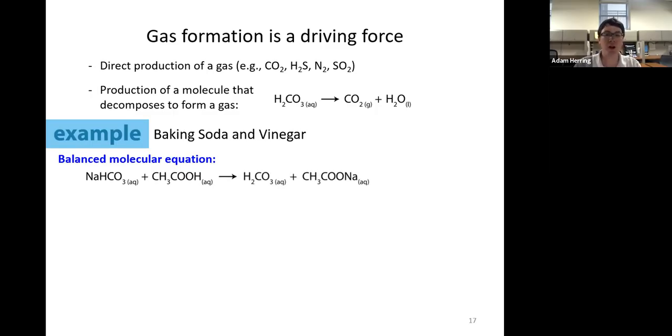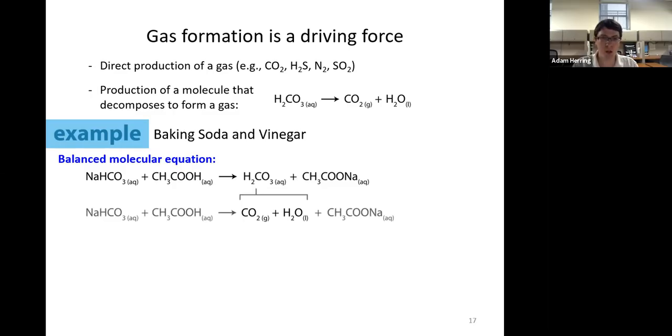This forms carbonic acid, H2CO3, and sodium acetate. As I mentioned earlier, carbonic acid can decompose into carbon dioxide and water. So our full balanced molecular equation is sodium bicarbonate reacting with acetic acid to form carbon dioxide, water, and sodium acetate.